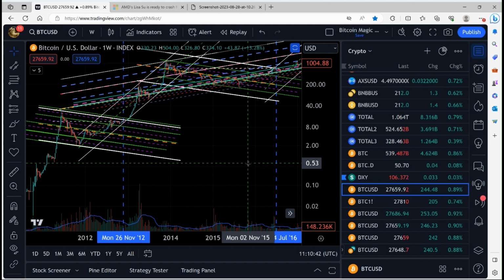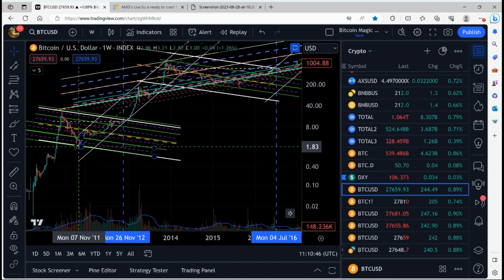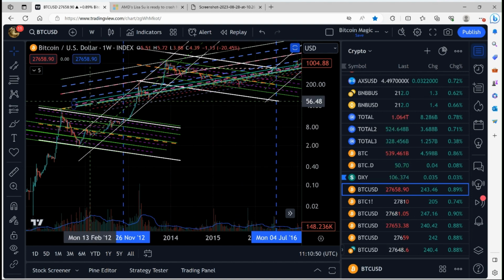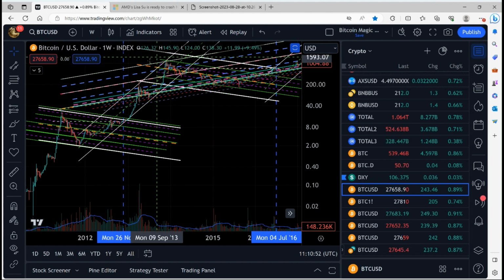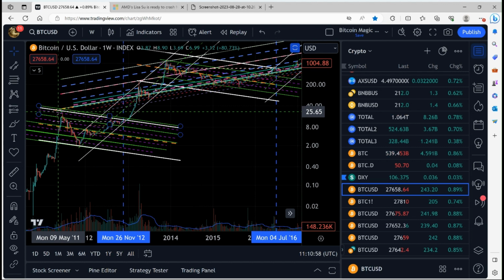So, anyway, here we are. Bitcoin price action since 2011 here. Now, our major parallel channel that we're trading in, the bottom of that channel is the top of our all-time high in May of 2011.